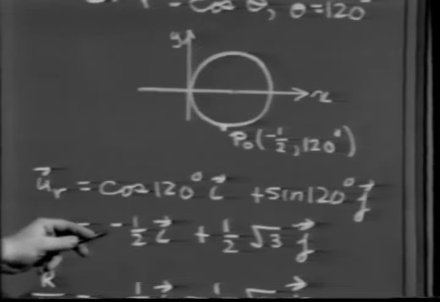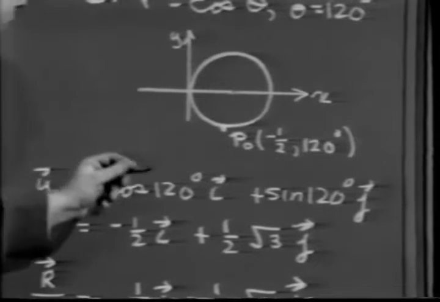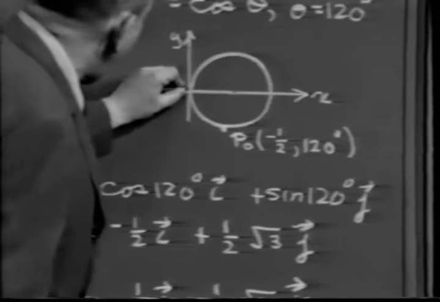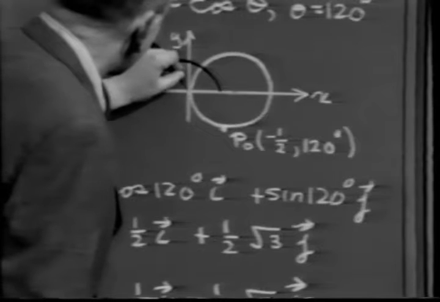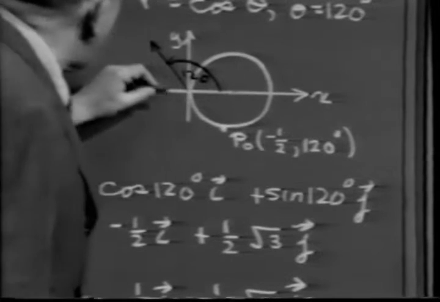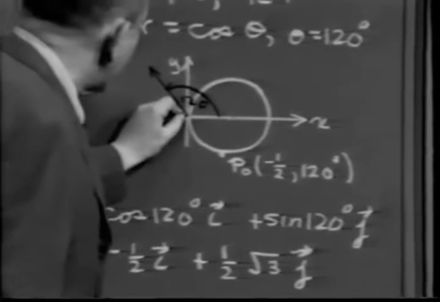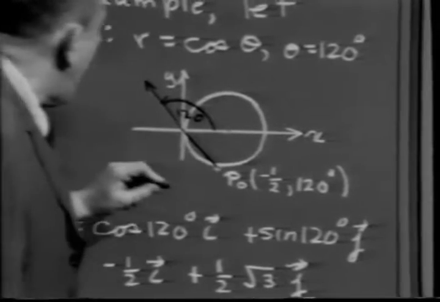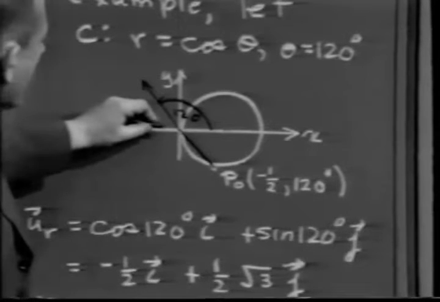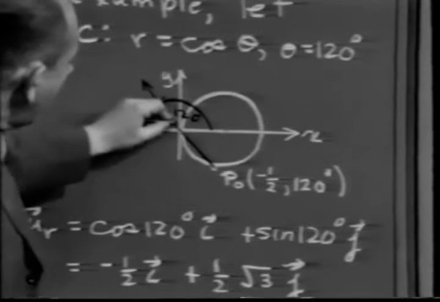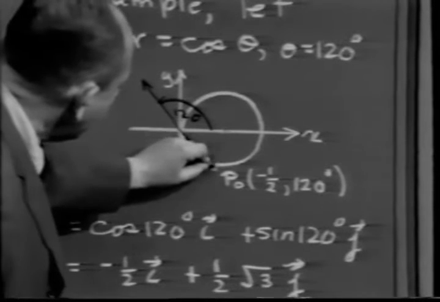On the other hand, my claim is that when theta is 120 degrees, what point are we at on the curve? Notice that when theta is 120 degrees, r is negative 1/2. And that, therefore, I'm at the point P0 here. Recall that by definition, r, the radius vector, is measured from the origin to the point.